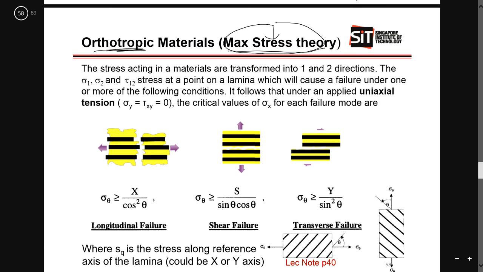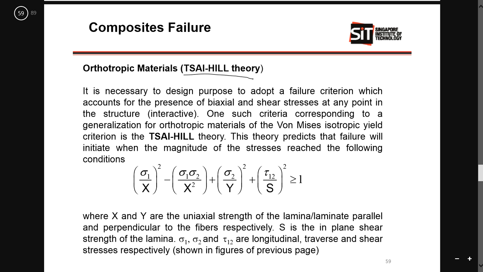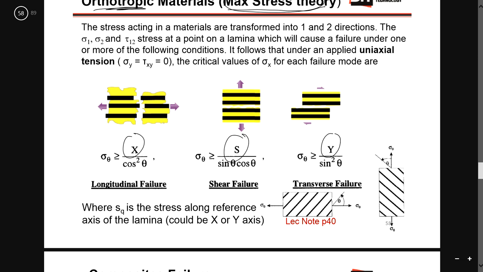The Max Stress Theory is only for the x direction, the shear direction, and the y direction. The Tsai-Hill theory takes in the same things, the x direction, the y direction, and shear.